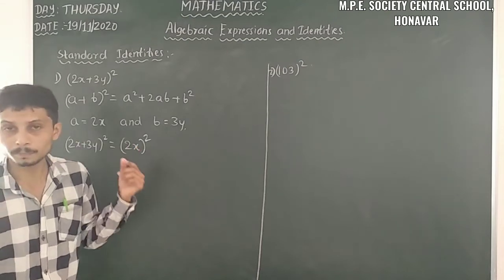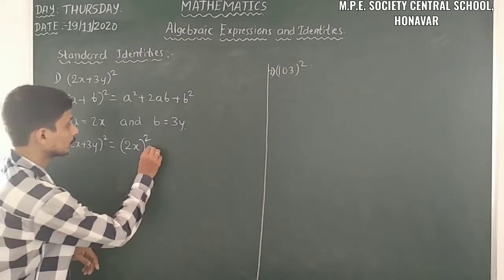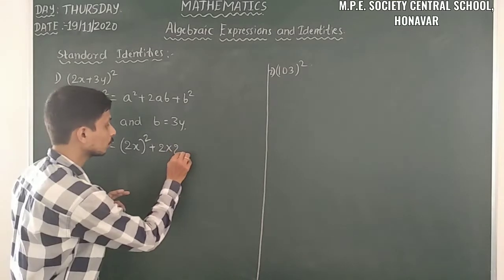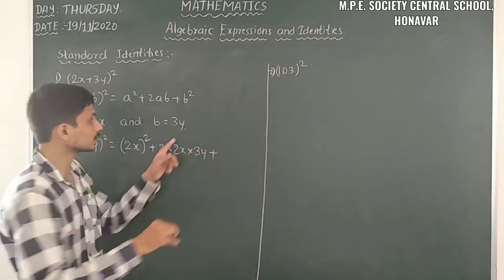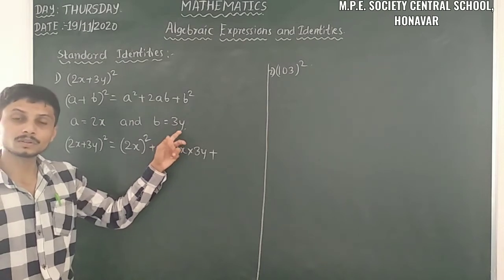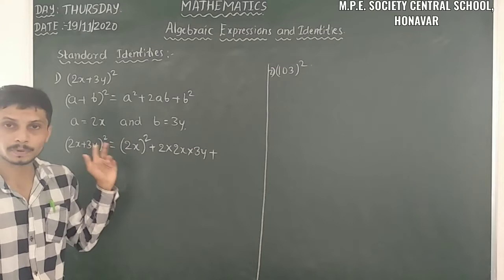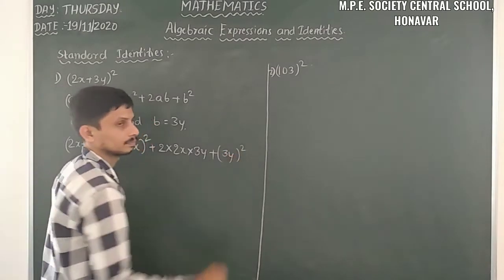You have to take it completely. Then plus 2 into, in place of a insert 2x, in place of b insert 3y. Then plus, in place of b insert 3y completely with the bracket, that is (3y) whole square.